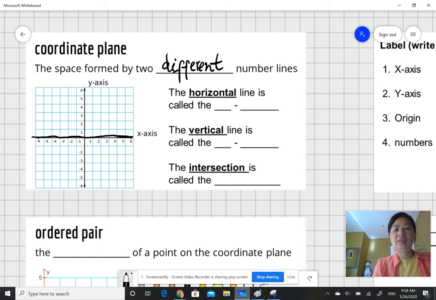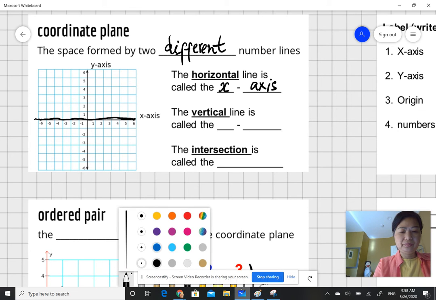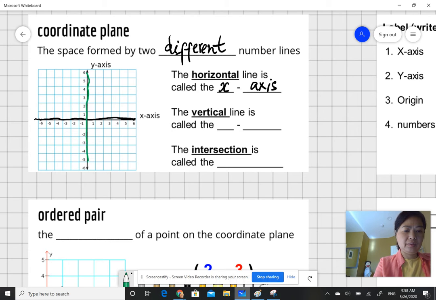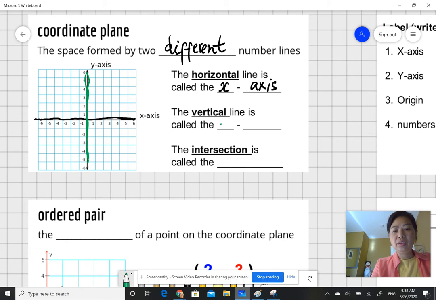That is the horizontal. The name is x-axis. And then you also see the vertical line, this one. The vertical line is called the y-axis.